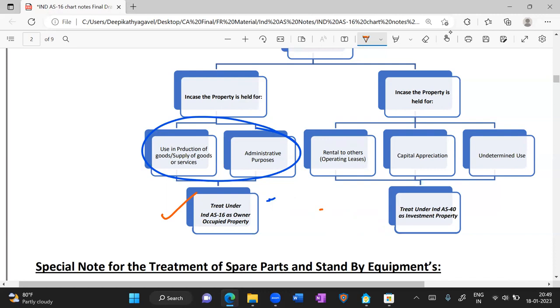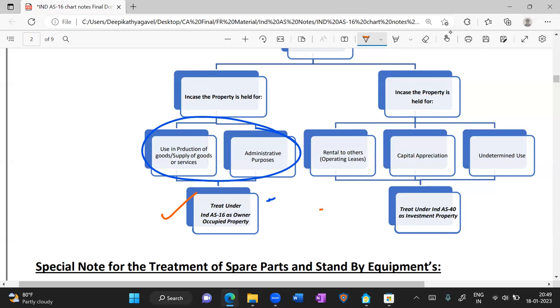I don't want to keep that land idle, so I'm giving it for rental purposes. Is my primary business giving properties on rental? No. My primary business is manufacturing electronic devices, but I have an idle land and building, so I decided to put that property on rentals. In that case, the income that you earn out of it is your investment income, so that particular property becomes your investment property.